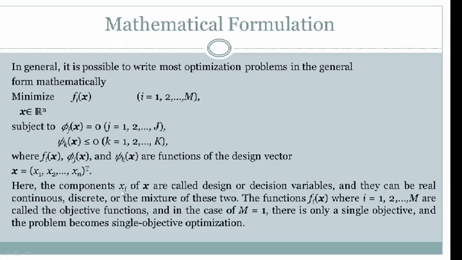The components x_i of the vector x are called design or decision variables, and they can be real, continuous, discrete, and accordingly we will categorize our optimization problem later on, and it may be a mixture of continuous and discrete. The functions f_i(x), where i equals 1 up to capital M, are called the objective functions, and in the case of m equals 1, it will be a single objective optimization problem.